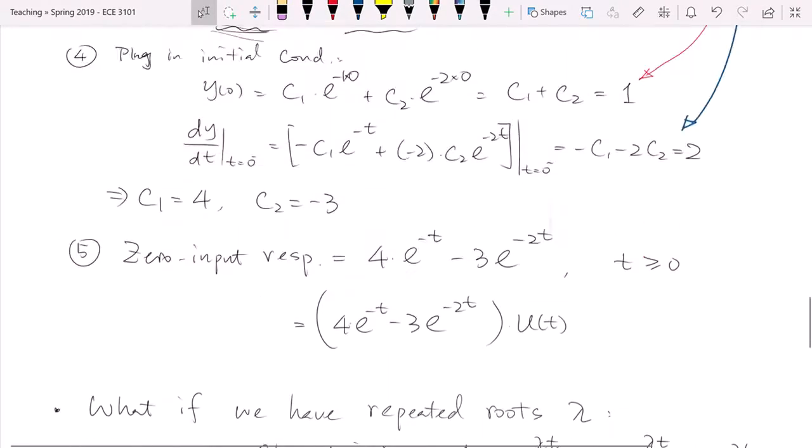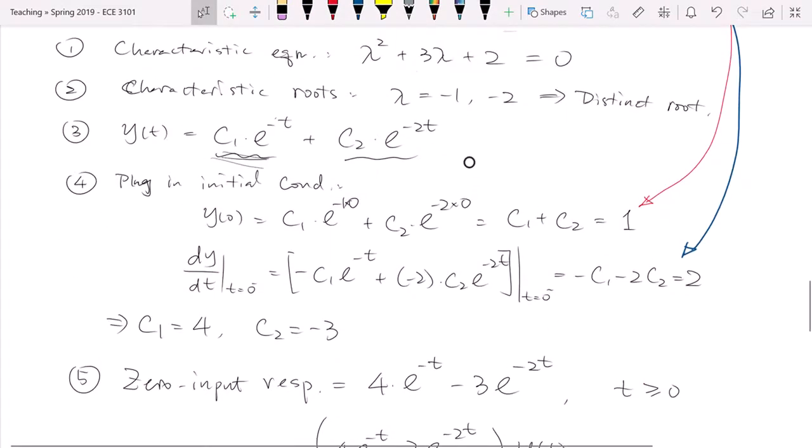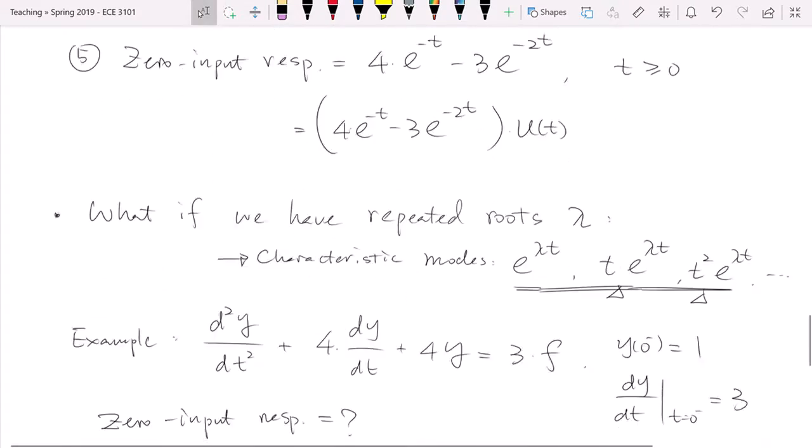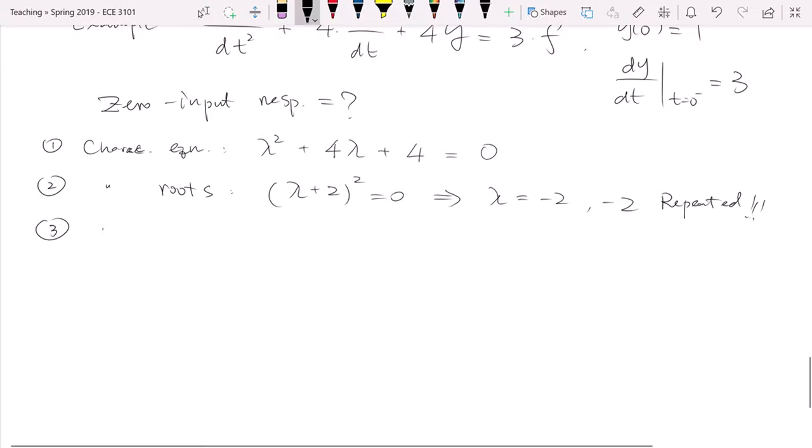The third step is writing the general form of the zero input response by plugging in the characteristic modes. So y of t will be equal to c1 times one of the characteristic modes plus c2 times the other characteristic mode. Since you have a quadratic equation, 2 characteristic modes are needed, and the first one will be e to the lambda 1 t, so e to the -2t.